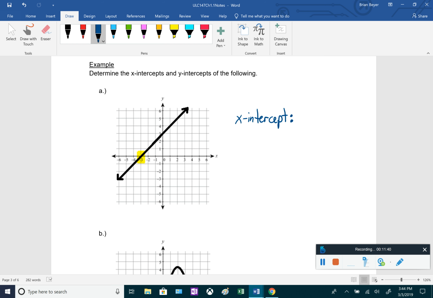Assuming it's crossing at an integer, the x-intercept is the coordinate -3, 0. It's crossing at -3. And for the y-intercept, seeing where it crosses the y-axis, it looks like it's crossing right here at 3. So that's going to be the coordinate 0, 3.